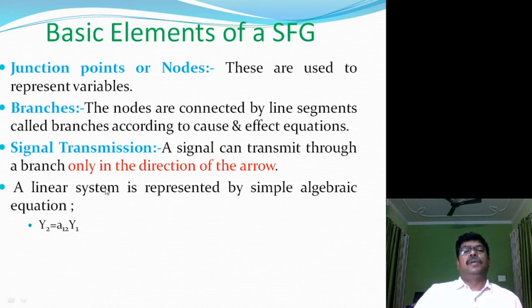So a linear system is represented by a simple algebraic equation y2 equal to a12 y1, where a12 is the gain between node 1 and node 2, where y2 is the output variable and y1 is the input variable.